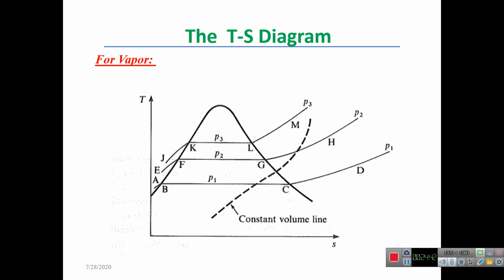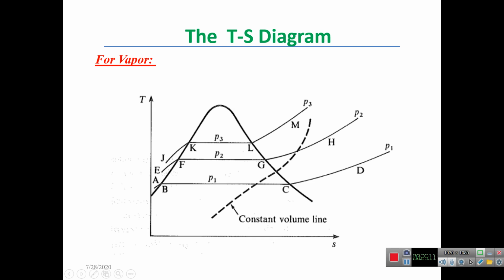Now, here we have a number of lines which we need to look at carefully. This thick line, which goes up to the peak here, this peak is called the critical point. The line which is sloping on this side, on the left hand side, is known as the saturated liquid line.